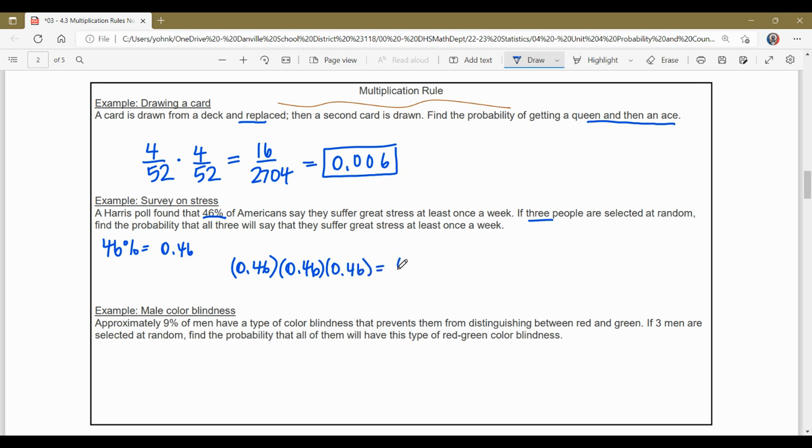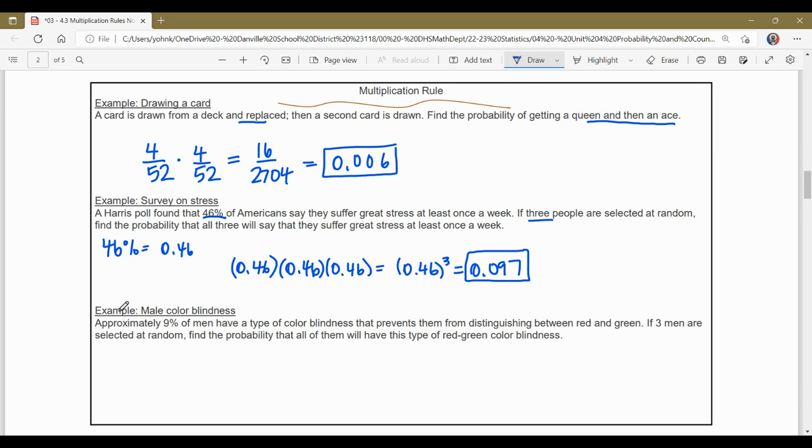So I can shorten that and say 0.46 to the third power. If I do that, I get 0.097. So remember, each of the people are independent, so each of the people are an event, so I can multiply their probabilities.